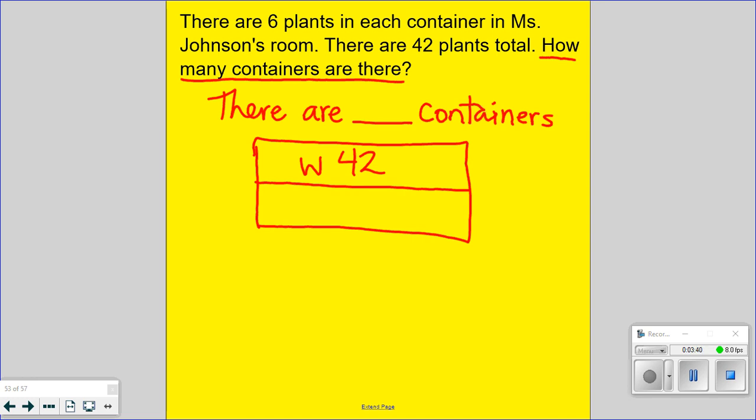Do I know in this problem how many containers? No. Do I know how many containers? No, I don't know how many containers, but I know something. Mackenzie, what do I know? We got 42 plants. I know something else too. What's the other thing that I know?